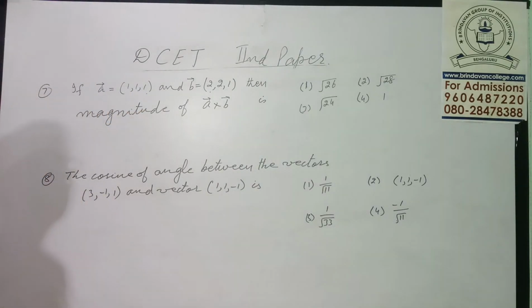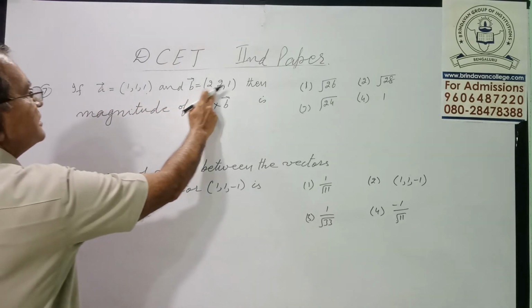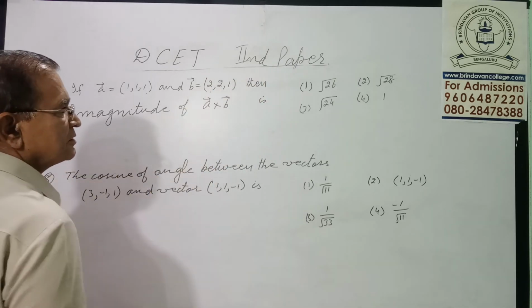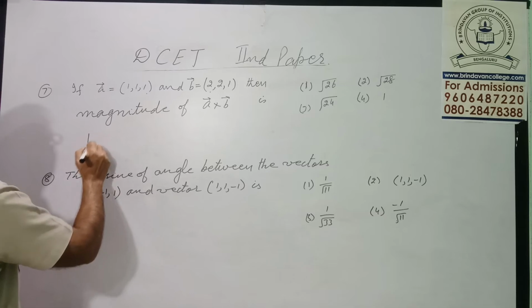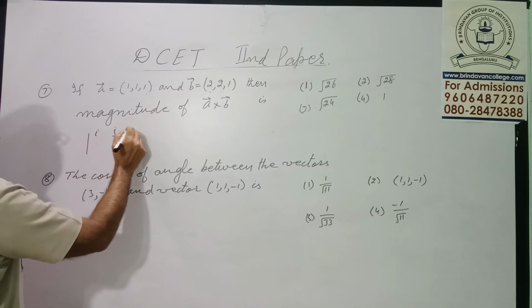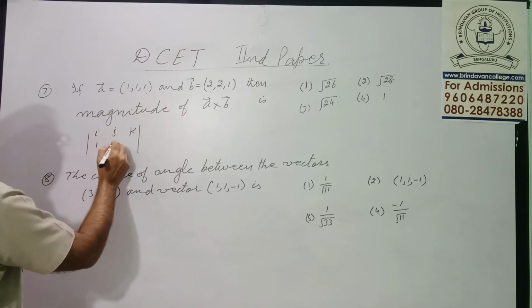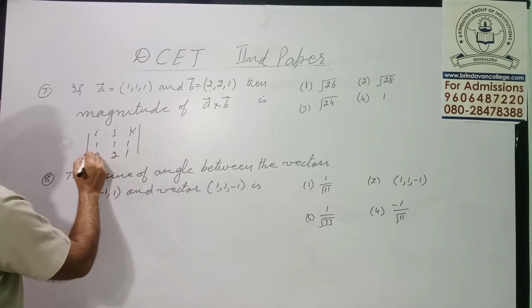Now, 7th sum is, if A vector is 1 1 1, B is 2 2 1, then magnitude of A cross B is, 4 options are given. How to go for the cross? I, J, K. Write down A 1 1 1, B 2 2 1.